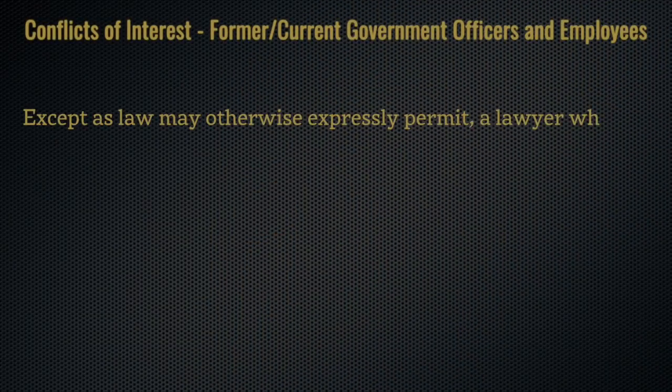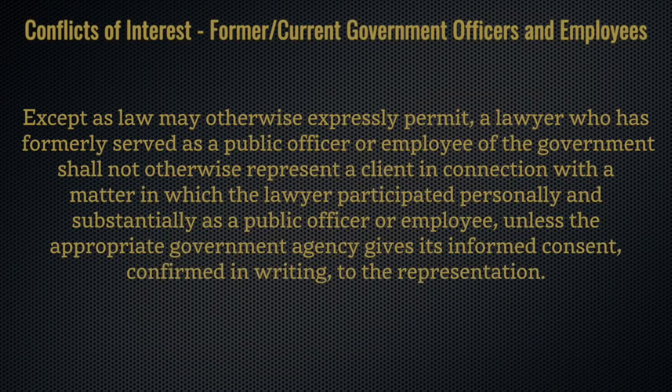So here the rule says, except as the law may otherwise expressly permit, a lawyer who has formerly served as a public officer or employee of the government is subject to the former client conflict rules, which we've already covered, and may not otherwise represent a client in connection with a matter in which the lawyer participated personally and substantially as a public officer or employee, unless the appropriate government agency gives its informed consent confirmed in writing to the representation.